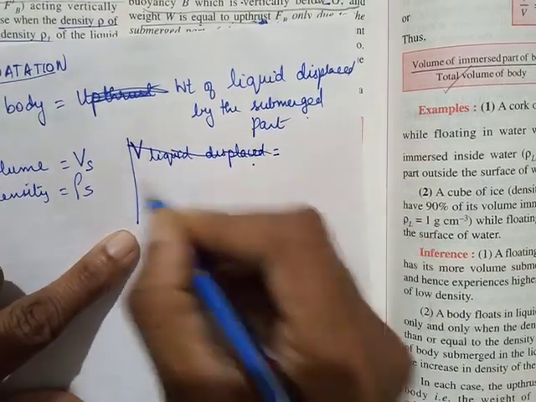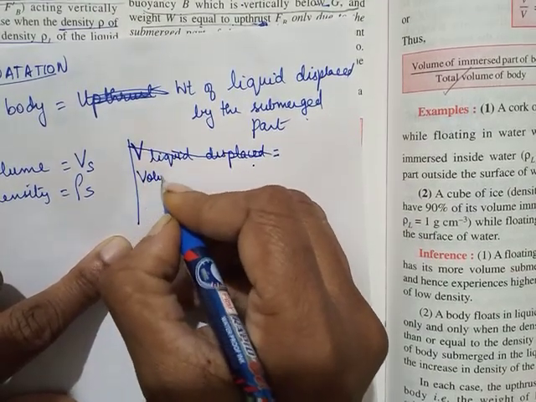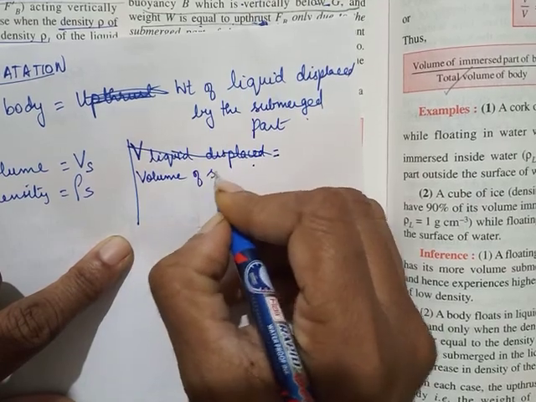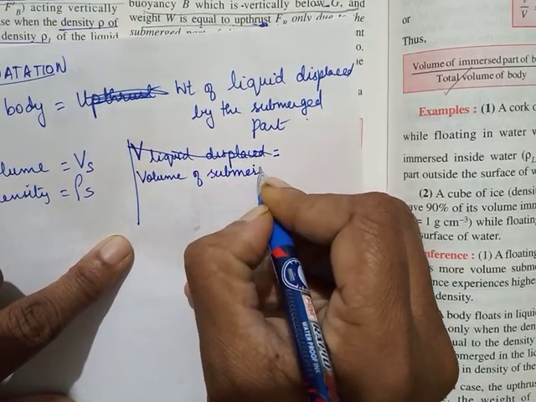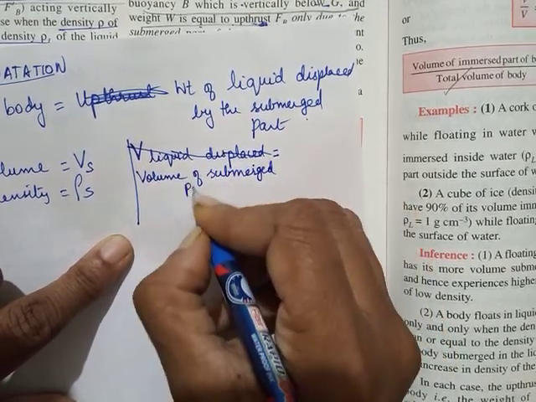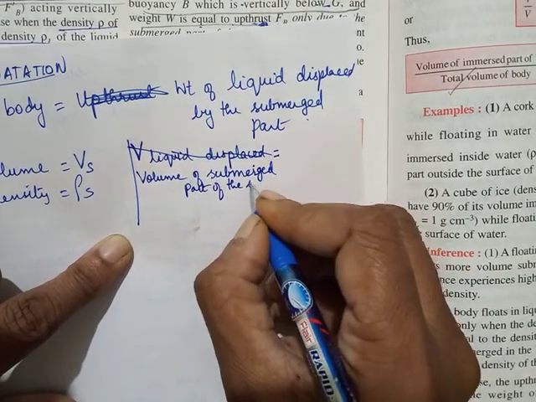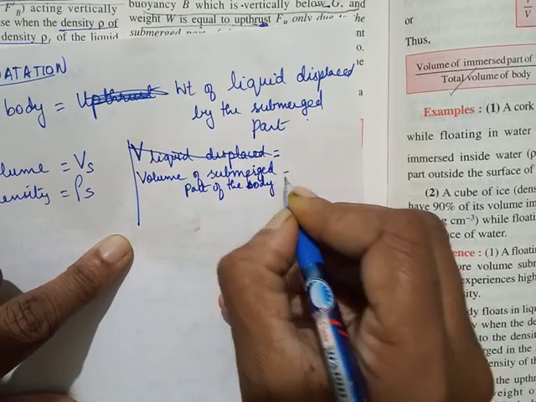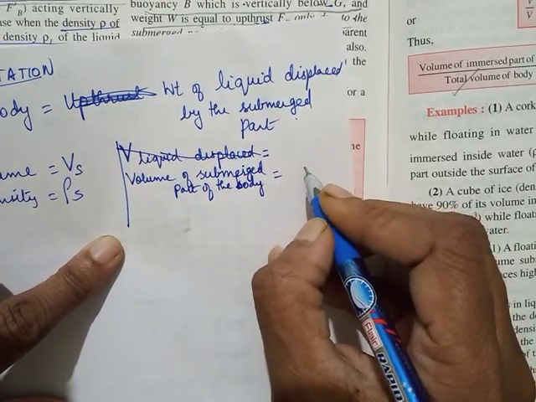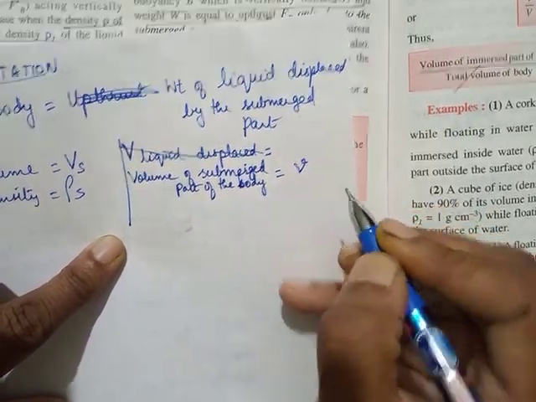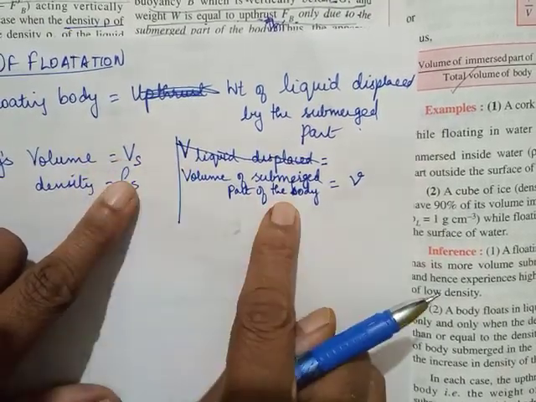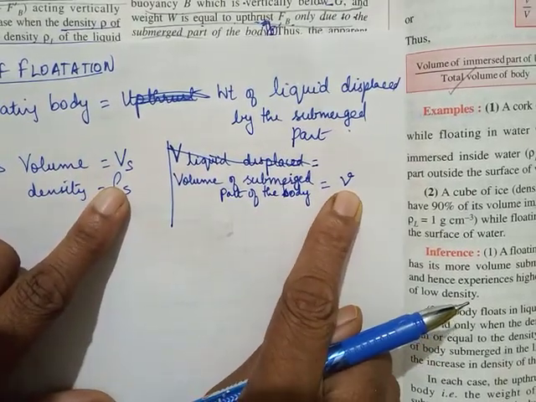You just don't write like this. Volume of the submerged part of the body is equal to small v. This will be smaller than this, so let's take the symbol as small v.